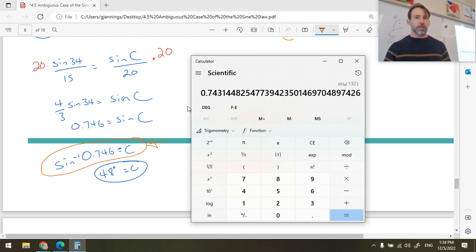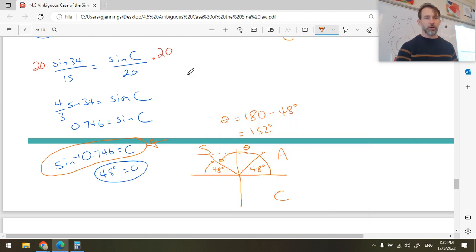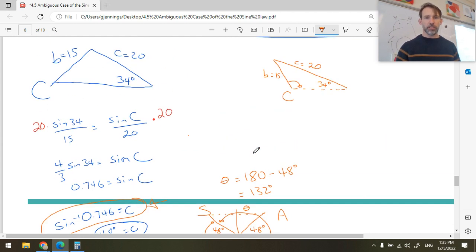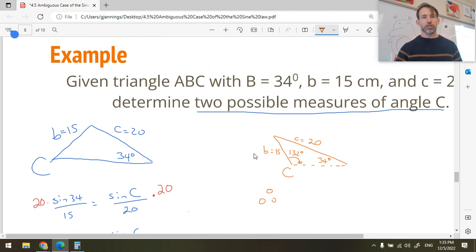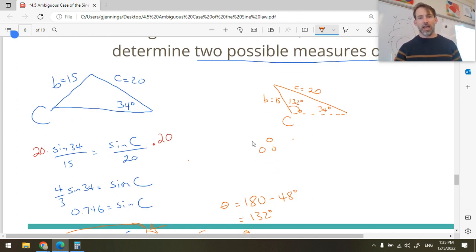Okay. So there were two possible answers for sine that answered that question, and we need to know which one is the correct one. So this one is correct for this one here. This is 132 degrees. So then we would finish this question. We want to remember, what were we asked for? Determine two possible measures of angle C. So therefore, angle C equals 42 degrees.